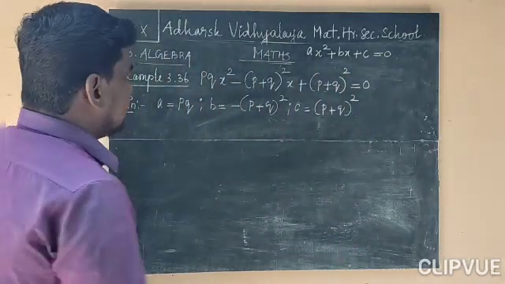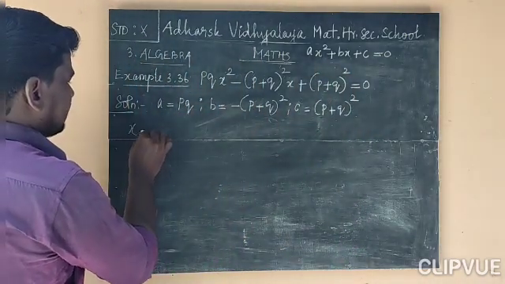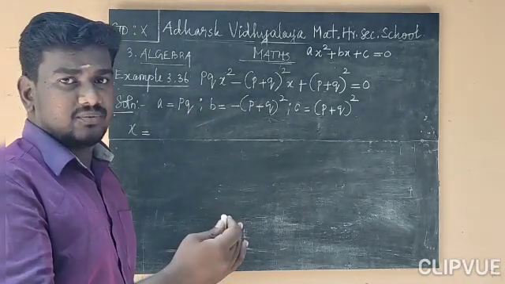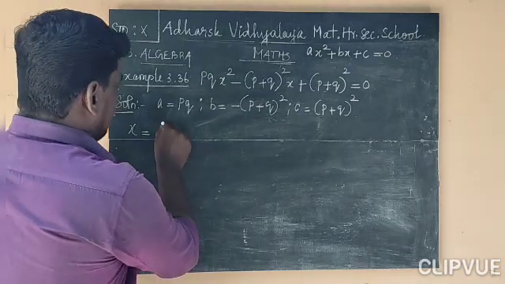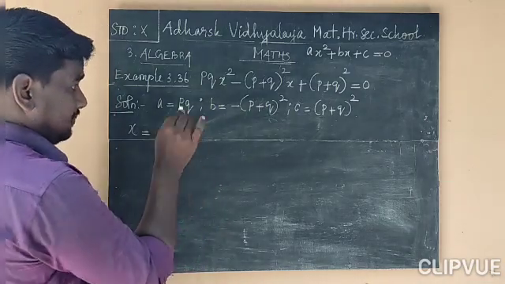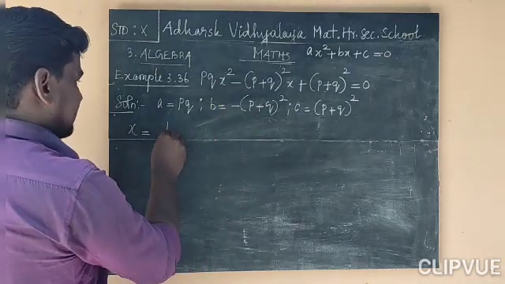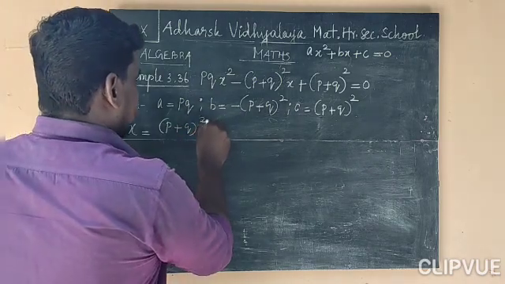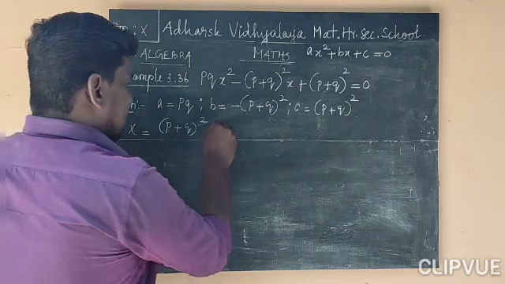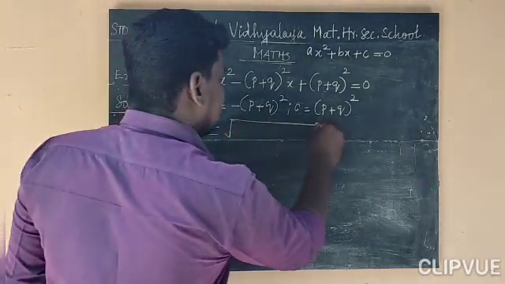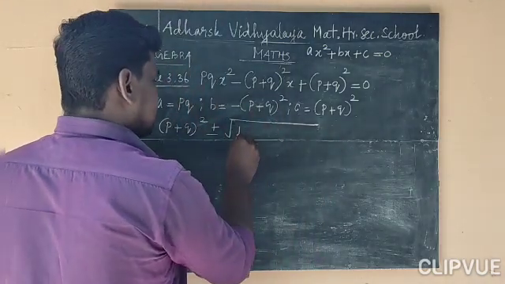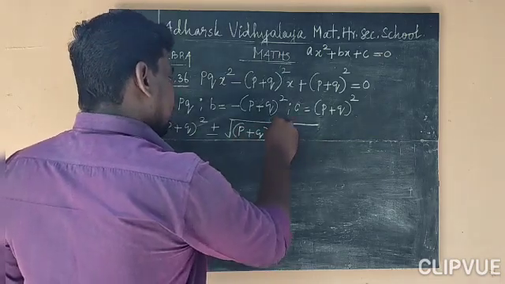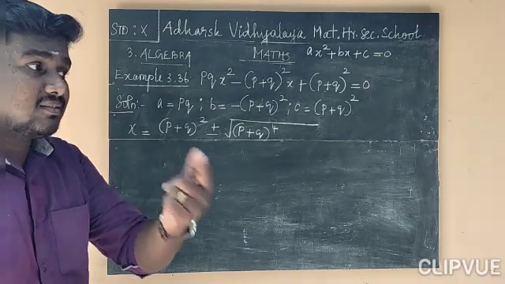Listen carefully. So I am going to substitute in that formula. X is equal to minus b plus or minus root of b square minus 4ac by 2a. So x is equal to minus b. So minus into minus plus, so it becomes plus p plus q whole square, plus or minus root of b square. So it becomes p plus q whole power 4 minus b square.